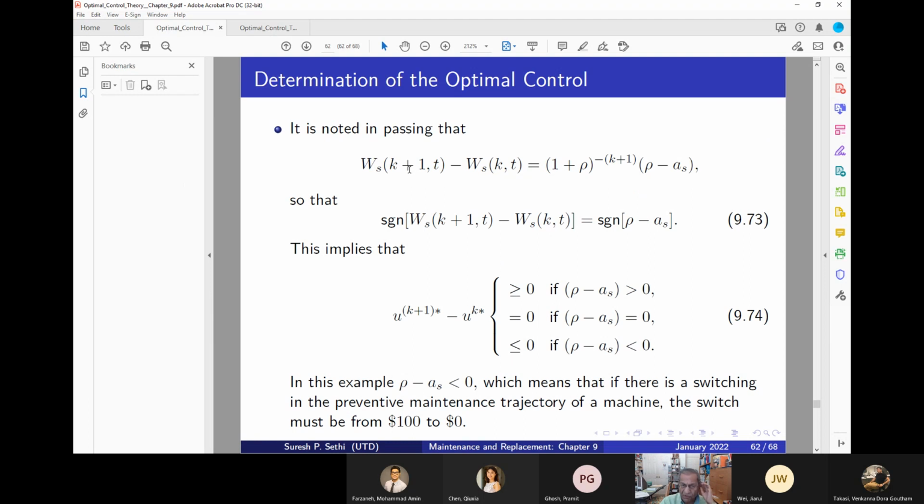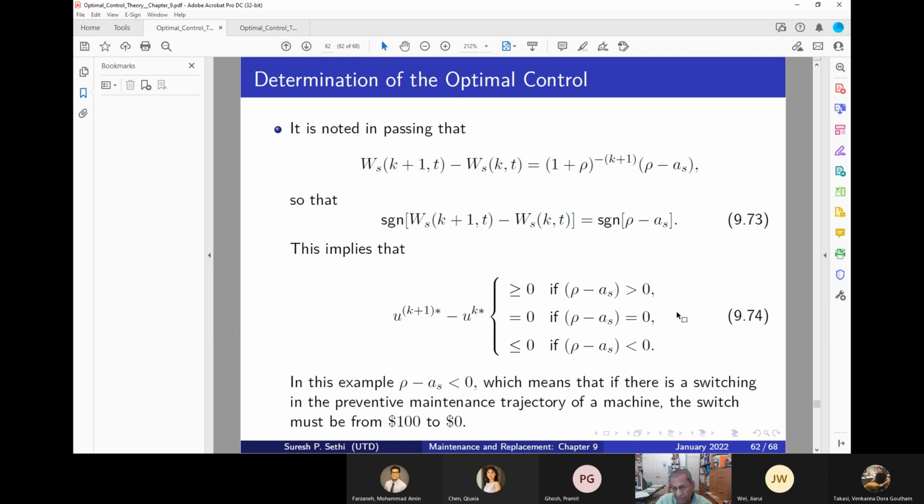So one thing we need to know here is the switching function W, which is given by this. The switching function means that the sign of rho minus AS determines the direction: control will increase if rho minus AS is bigger than 0.